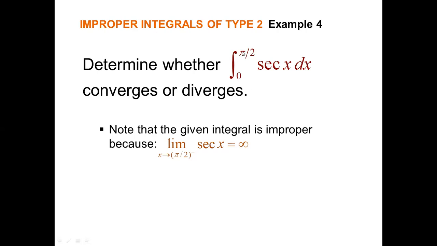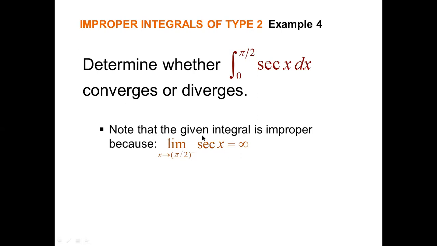We don't know yet for now. One side of your curve will be asymptotic to either x equal to 0 or x equal to pi over 2. So our infinite area here is extending vertically, not horizontally as in the case of type 1, as I mentioned a while ago.